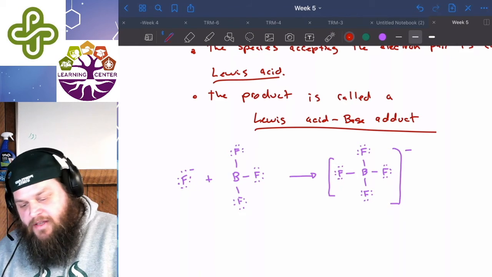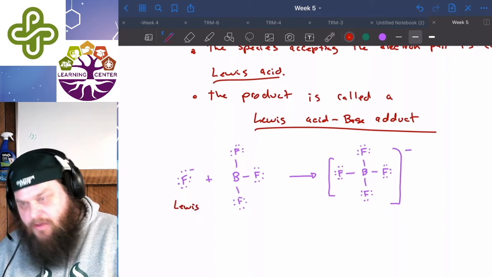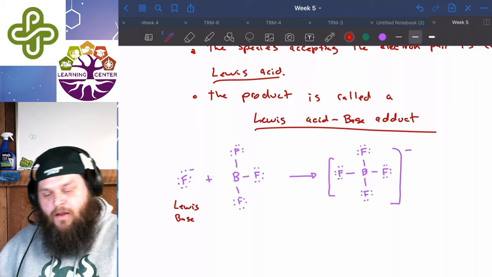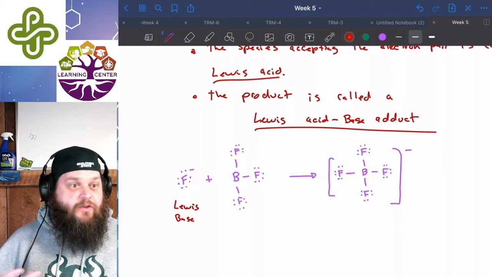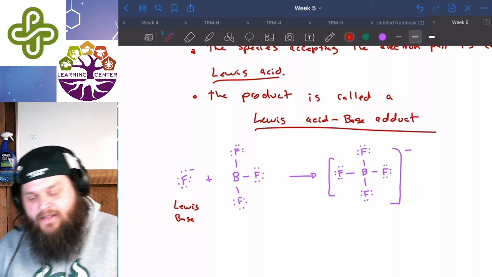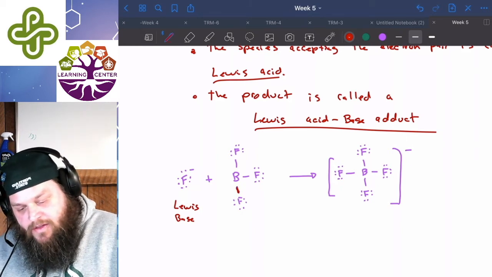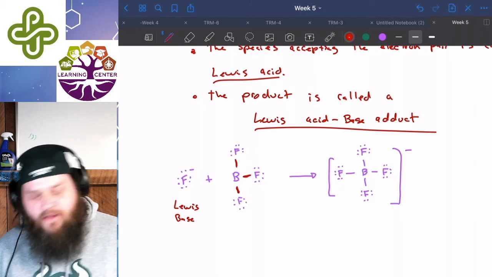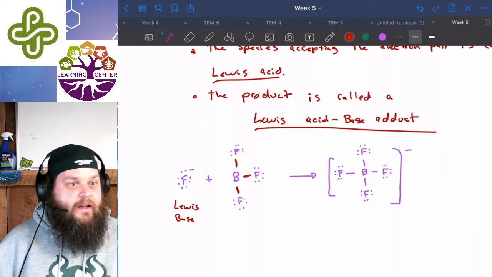So in this case, this is my Lewis acid, my Lewis base, because it's providing all the electrons for that bond. Boron, all of its valence electrons are used up, but it still only has 6 in its shell. 2 in this bond, 2 in this bond, 2 in this bond. It hasn't got its full octet yet. So it's capable of making another bond with that.